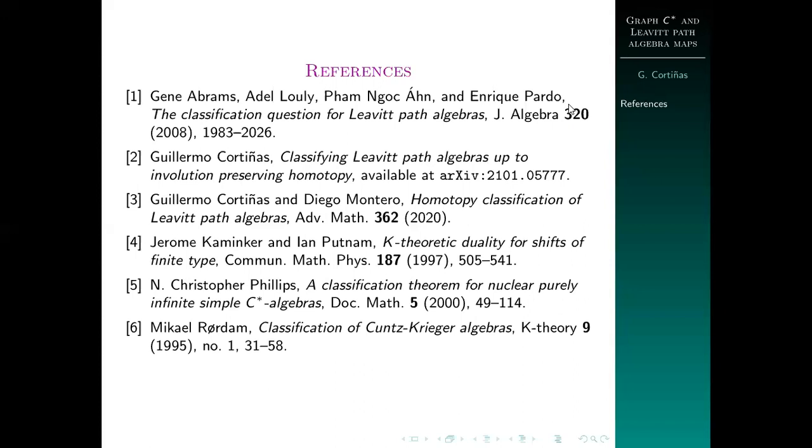Well, I mean, in the C star algebra case, this tells you that any isomorphism between O_n and O_n minus is homotopic to the completion of a star homomorphism between L_n and L_n minus.